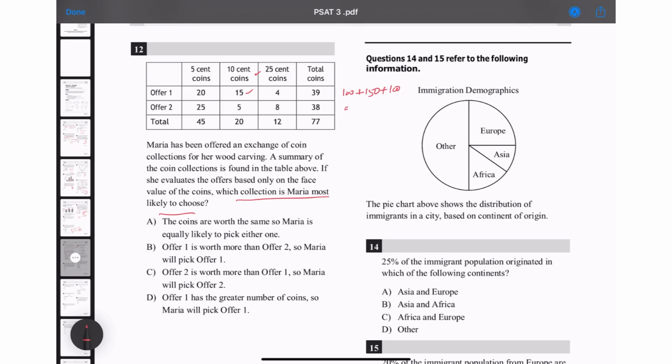So that is 350 for the first one. And for the second one, we have 25 times 5, 125, plus 50, plus 200, that is 375. It means that offer 2 is better. So Maria will pick offer 2.